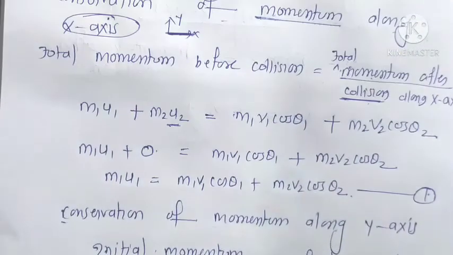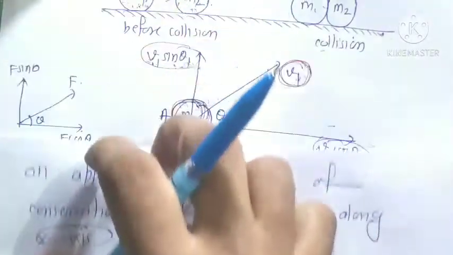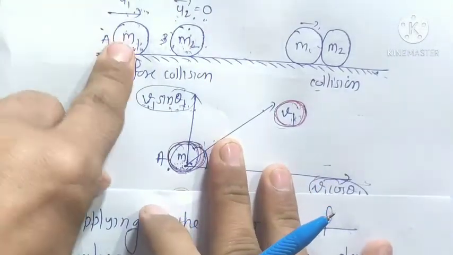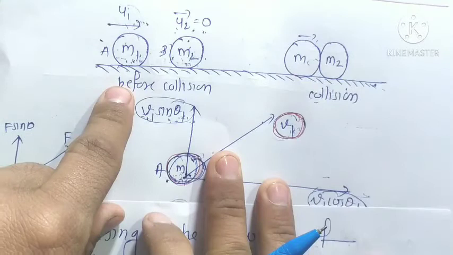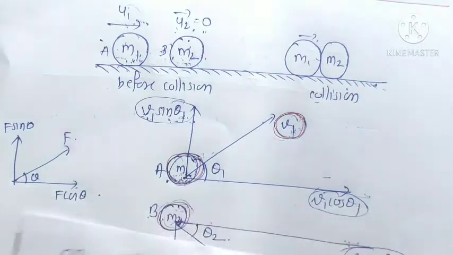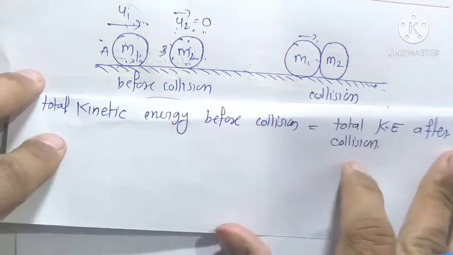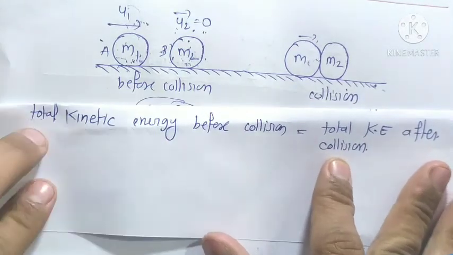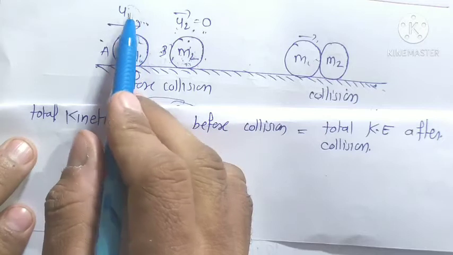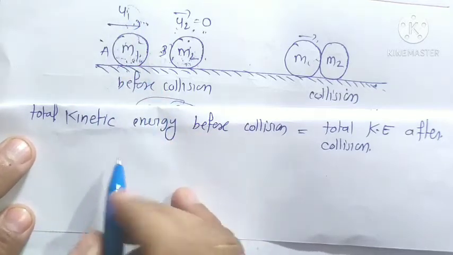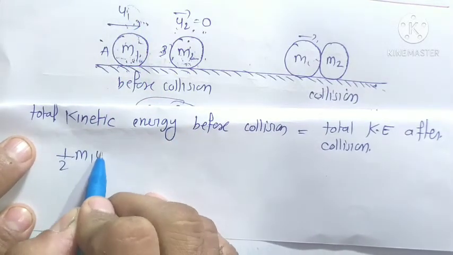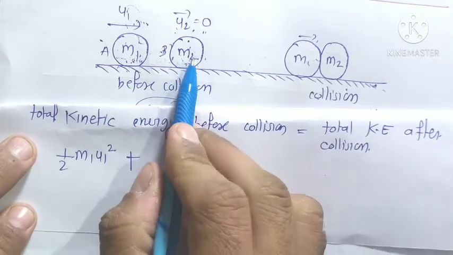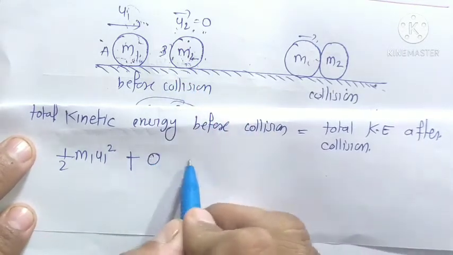In this figure you can see that the first body moves with velocity u1 and the second body is at rest. The first body has mass m1, so its kinetic energy is half m1 u1 square. The second body is at rest, so its kinetic energy is 0.